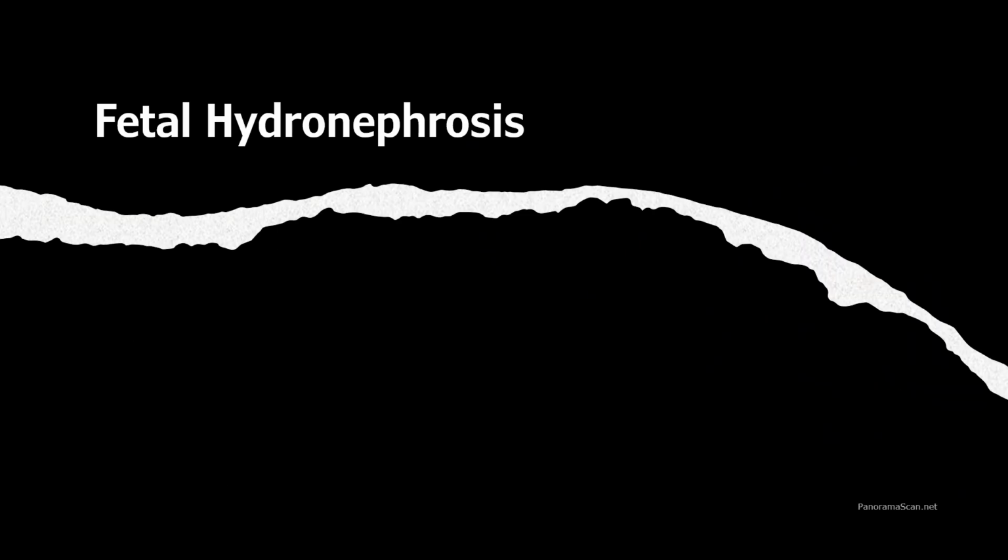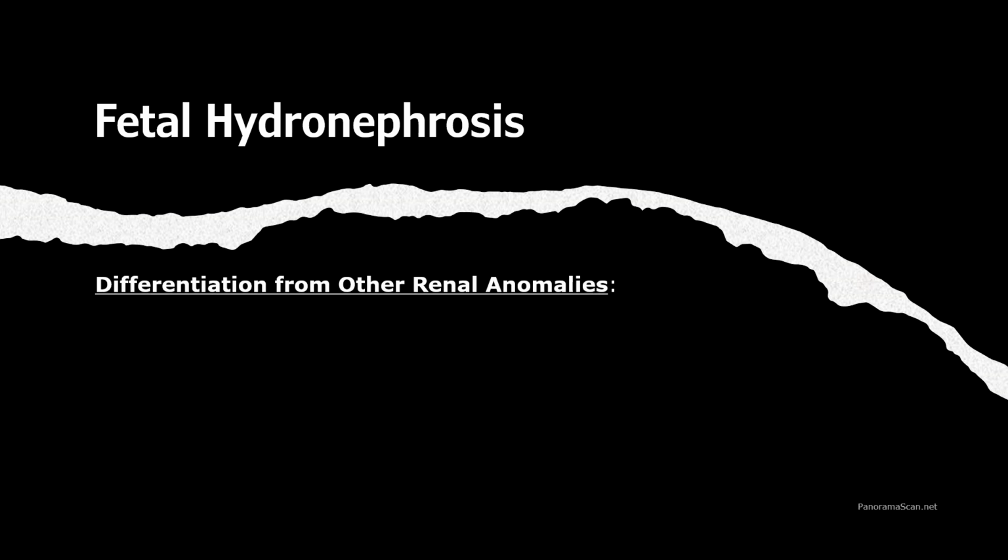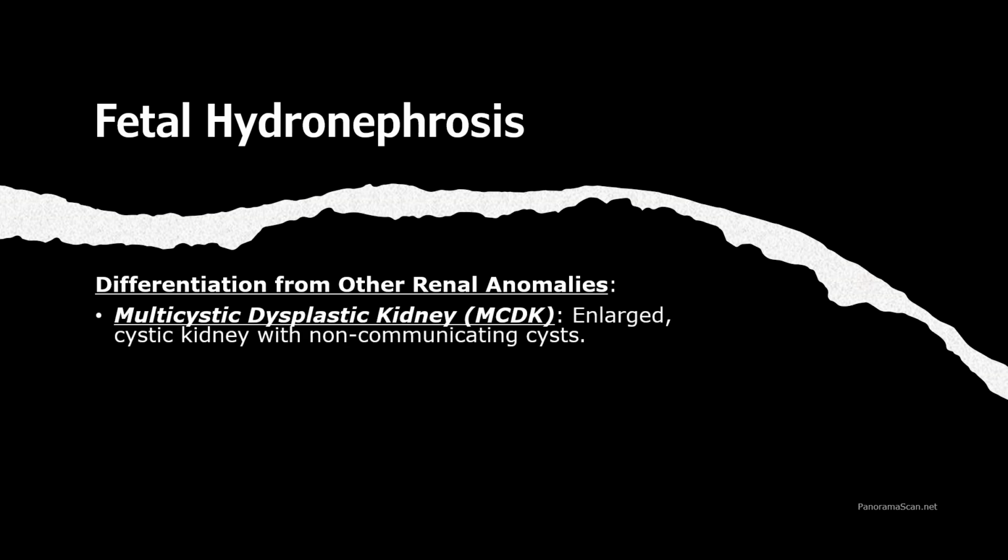In this slide, we will focus on how to differentiate fetal hydronephrosis from other renal anomalies that can present with similar findings on ultrasound. Multicystic kidney disease is a condition where the kidney appears enlarged and contains multiple non-communicating cysts, unlike hydronephrosis, where dilatation of the renal pelvis is observed.